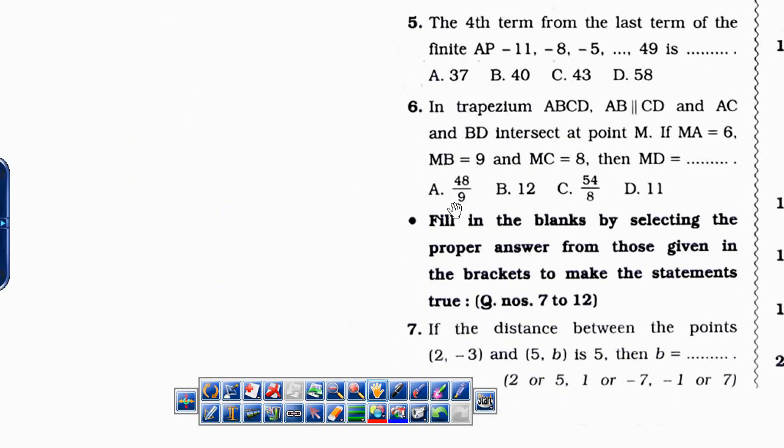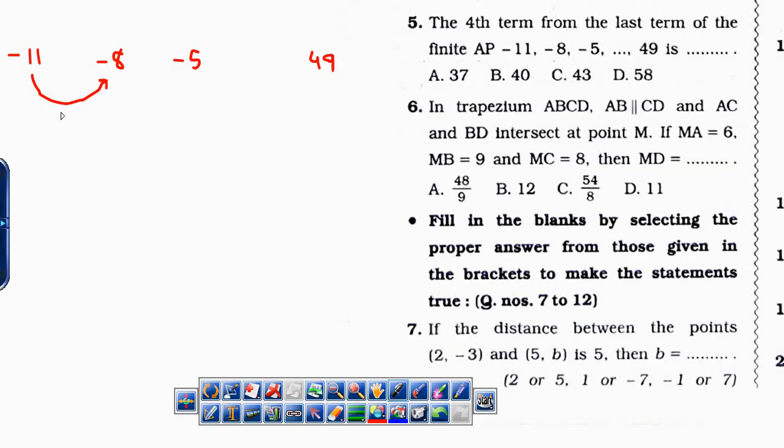The fourth term from the last term of the finite AP is dash. Fourth term from the end. Now the fourth term is so close that we can find it manually. -11, -8, -5, 49.